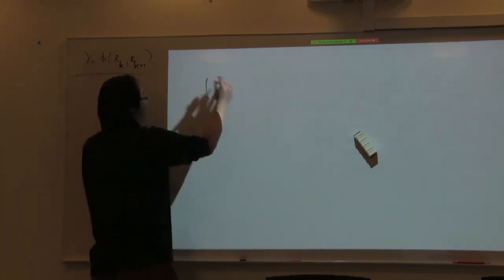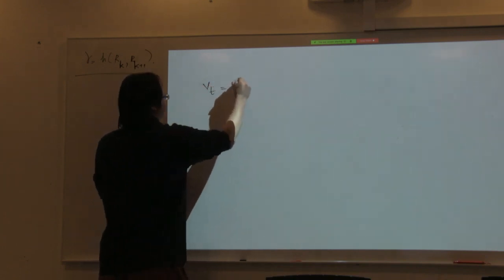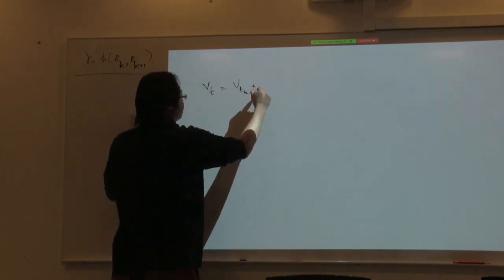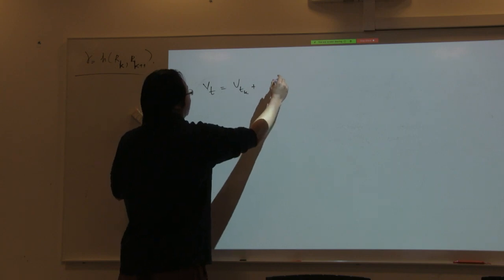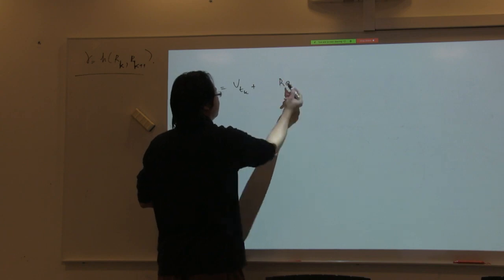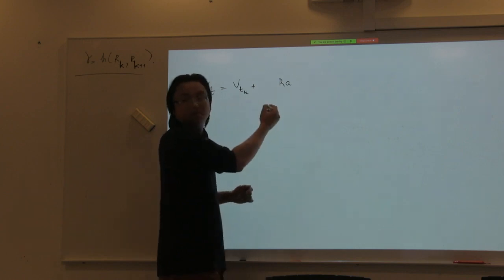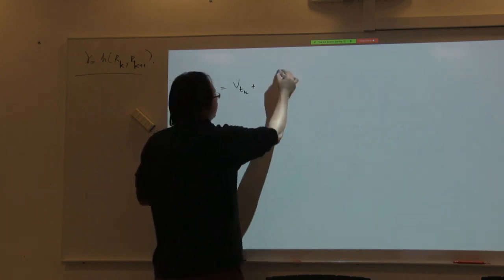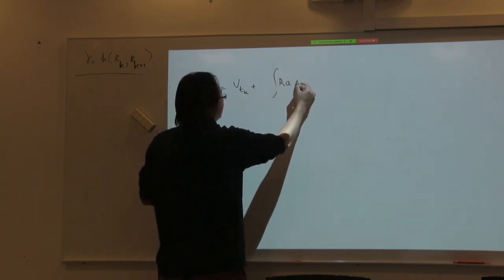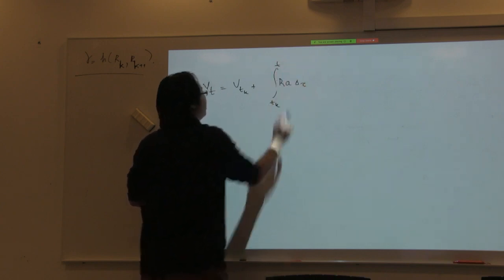So beta. Let's say we have v t is v t k plus the acceleration in the world frame. This acceleration in the body frame multiplied with the orientation gives you the world frame. Integrate over delta tau.